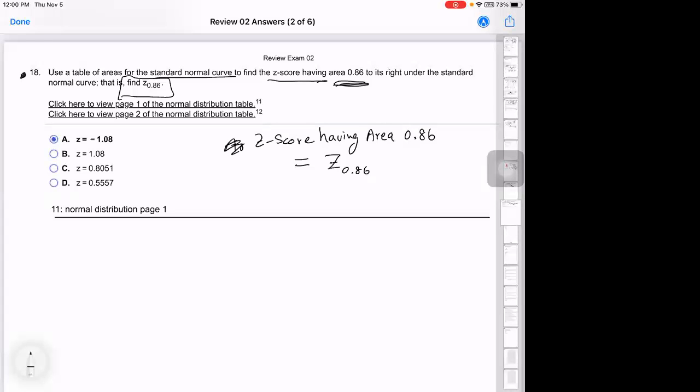So this is the notation to define an area which belongs to a particular C value. C subscript 0.86 means the C value which belongs to area 0.86.